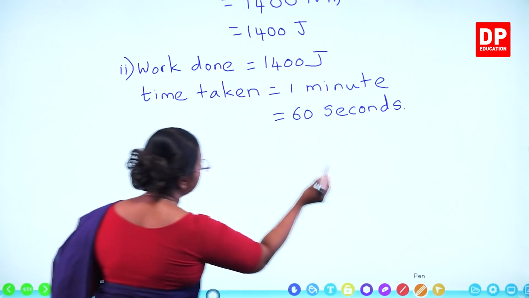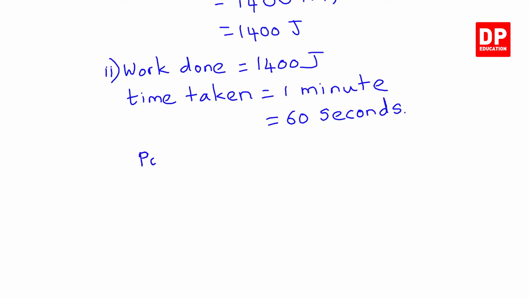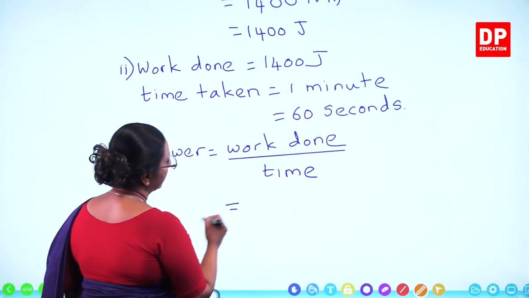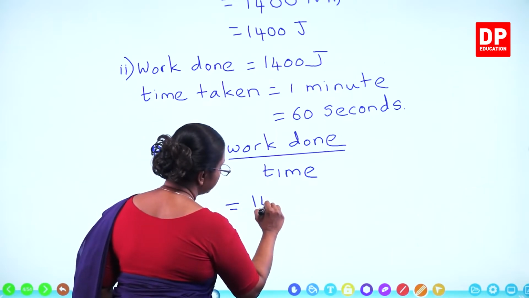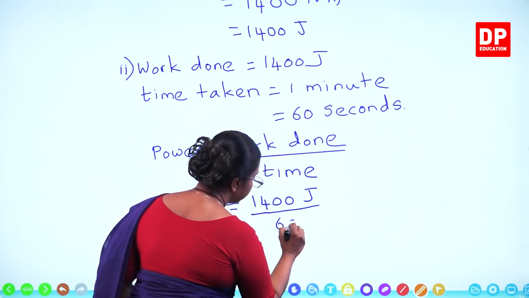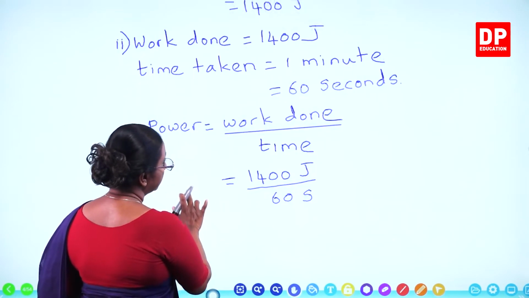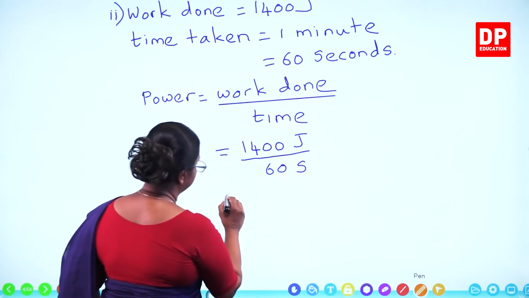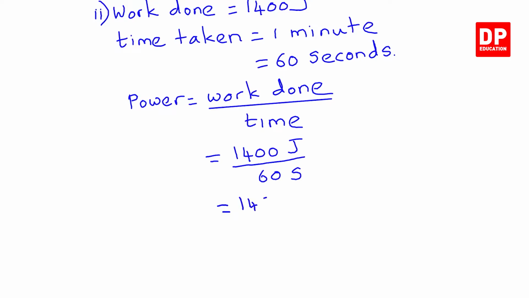So, power, work done over time. So that is going to be 1400 joules divided by 60 seconds. So if we simplify that, 140 divided by 6 joules per second.